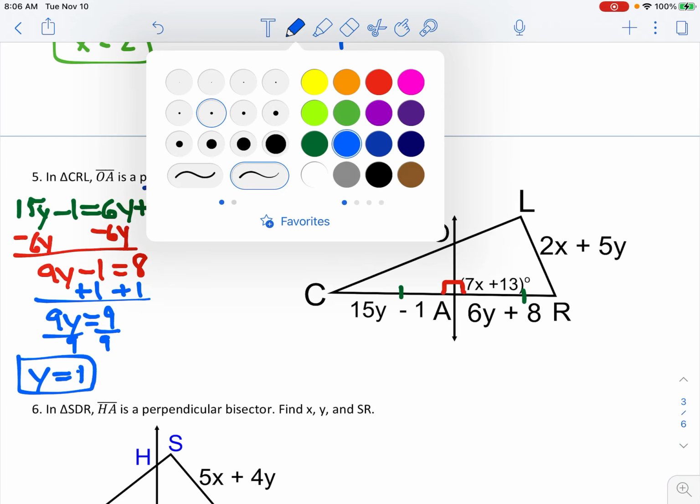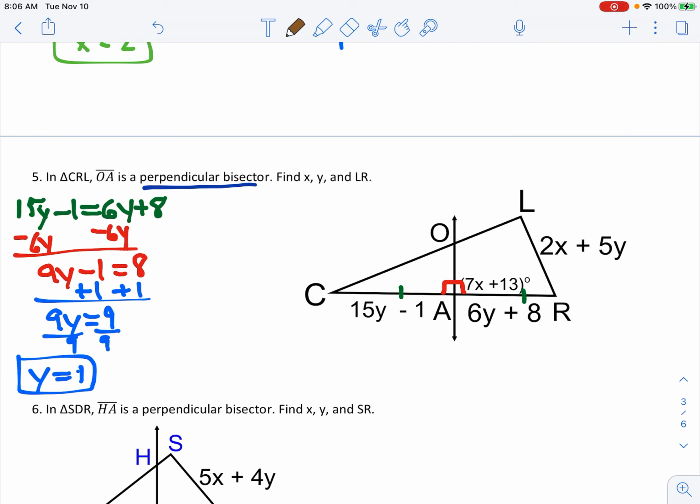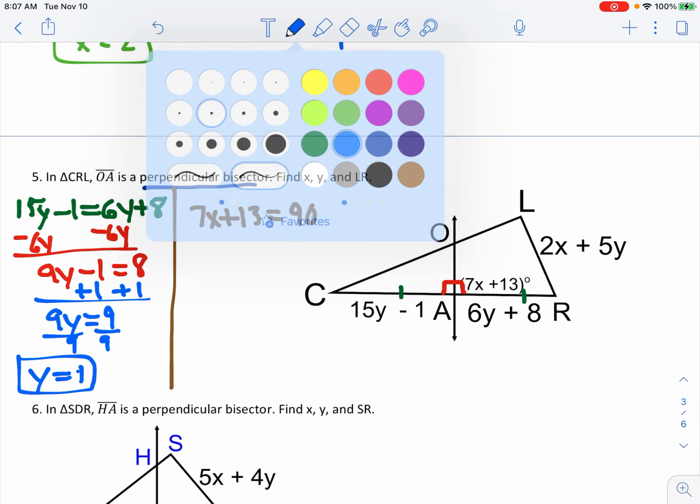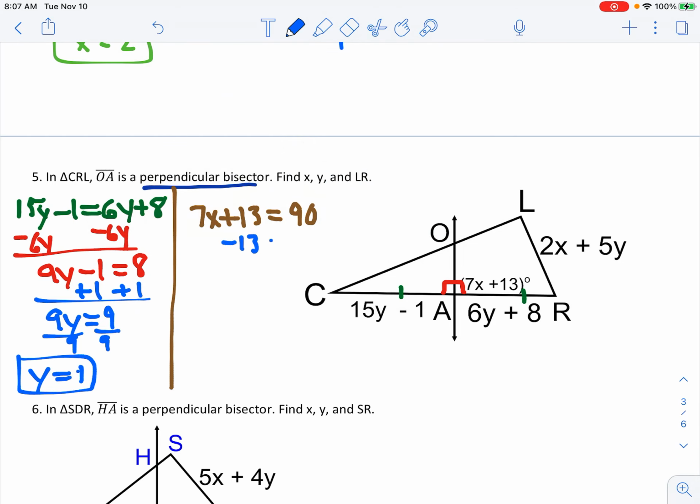Now you'll notice I also have to set up an equation to find the x. Well, we know the x is next to the 90-degree angle, so to find x, I'm going to take 7x plus 13 and set it equal to 90 degrees. I'm going to solve it by subtracting 13 from both sides first. I'm left with 7x equals 77. If I divide by 7, I get x to equal 11.